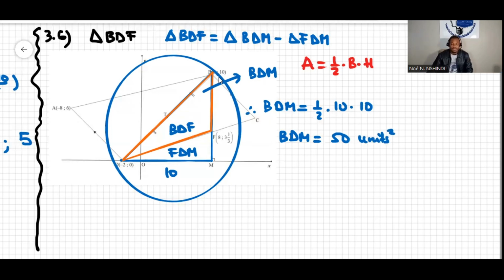Now, I can also use the same formula to find the area of the triangle FDM. FDM will be a half times the base, which is still 10 units, because in this triangle over here the base is still 10 units.